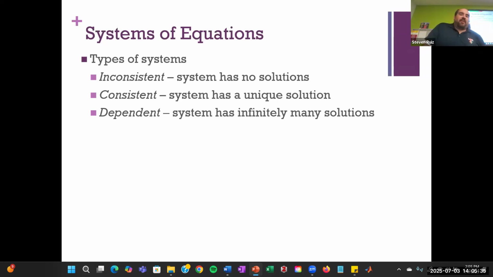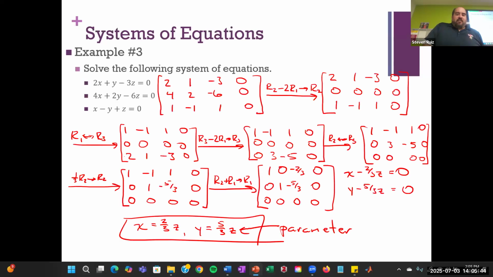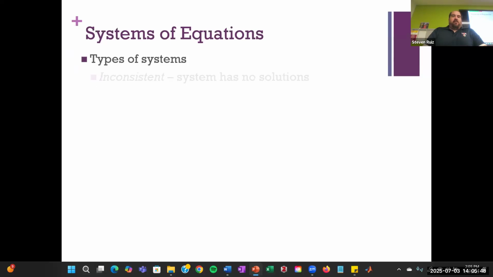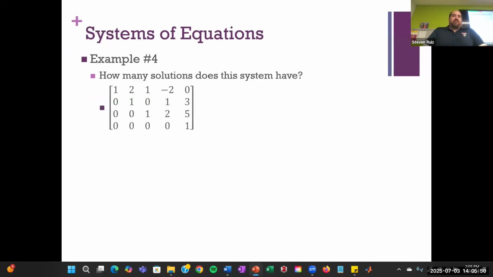An inconsistent system has no solutions at all, and then a dependent system has infinitely many solutions. So the one we just talked about here, all of our solutions depend on z. Everything we deal with here is going to hit one of those 3 options.